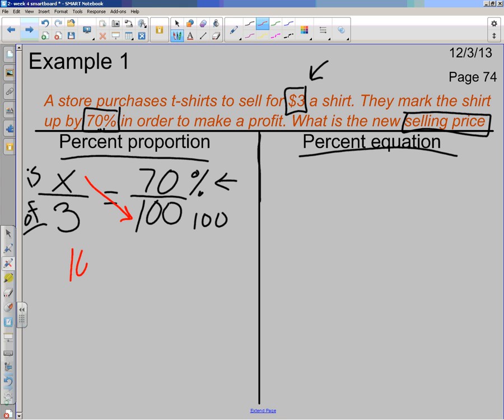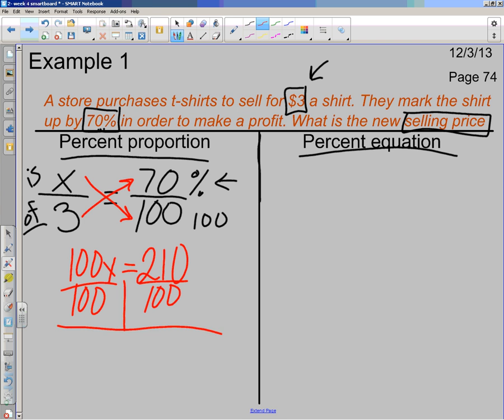Cross multiply to get 100x equals 3 times 70, which is 210. Divide both sides by 100 using our upside down t, and end up with x equals 2.1 if you were to do that division. So our markup in this case is $2.10. That's how much extra the store is charging you because they want to make a profit.